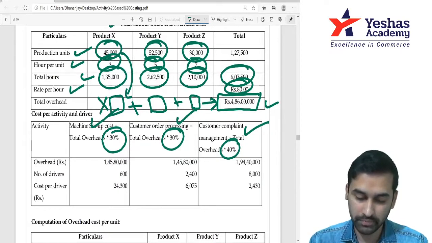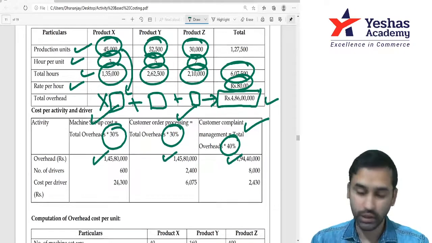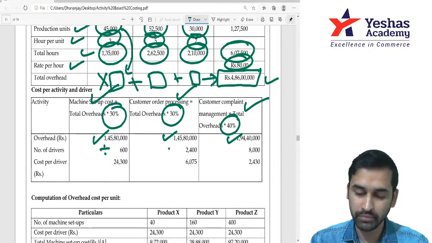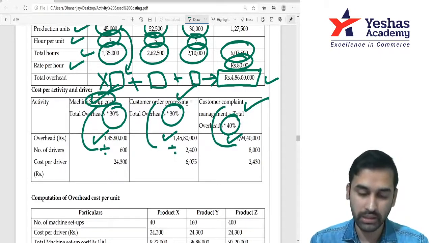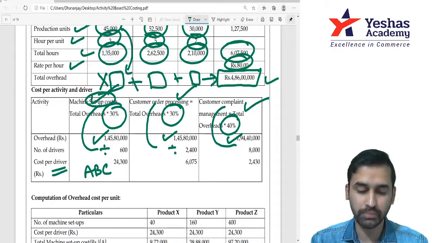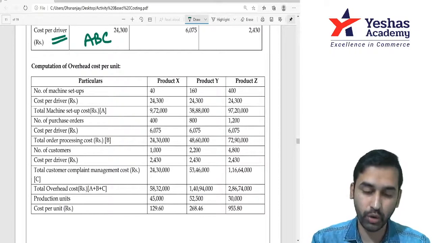The number is here. 145.80, 145.80, 194.40. You have to divide that by cost driver. Correct? For setup, machine setup, number of customer orders, and then number of customers, they got ABC rate or cost per cost driver. And then they have done computation of overhead cost.